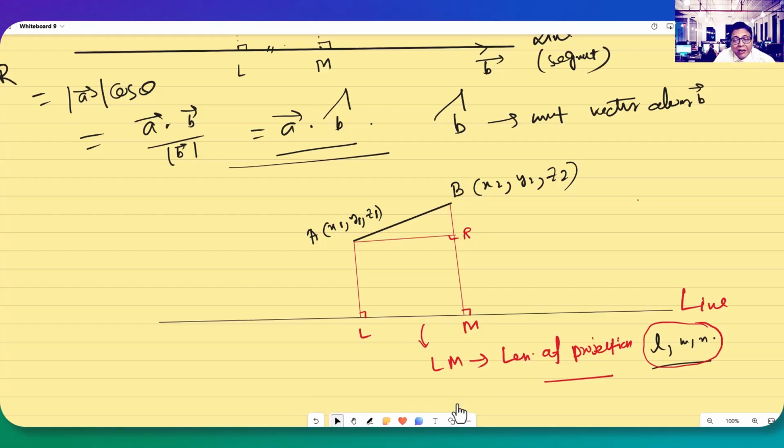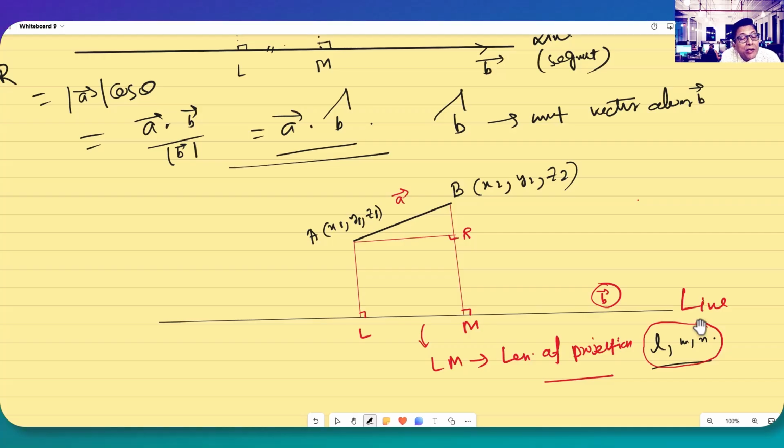We think that instead of line segment AB, there is a vector AB. Instead of the line, we consider there is a vector in this direction. Length of projection, if you imagine that there is vector B over there and this is our vector A, then LM is A dot B cap.